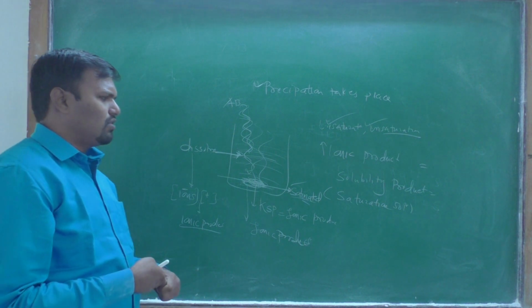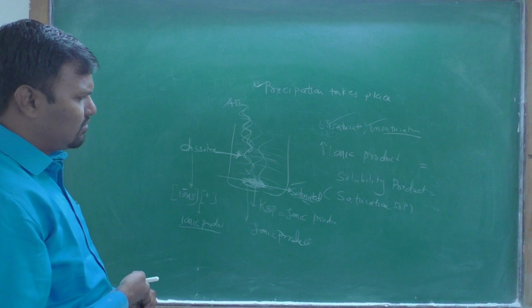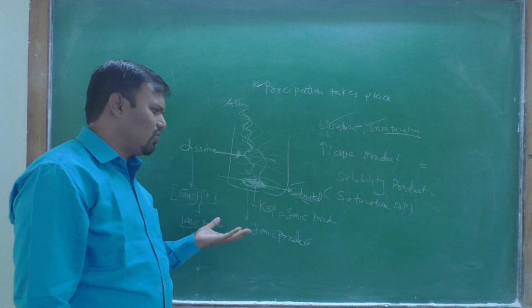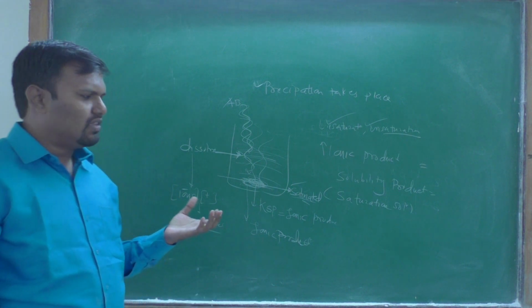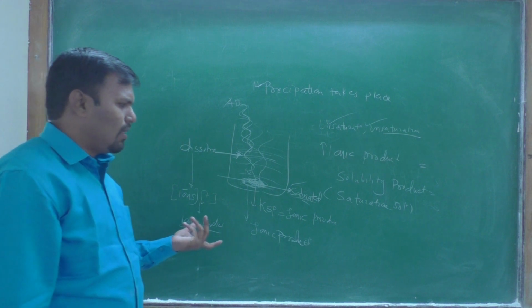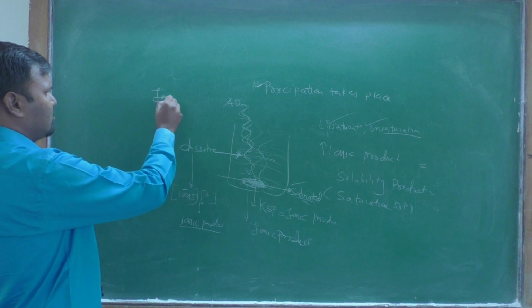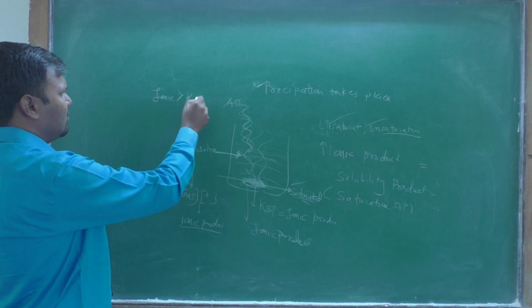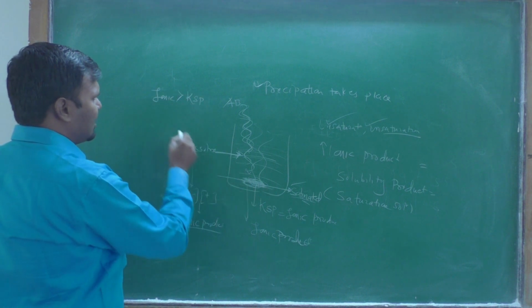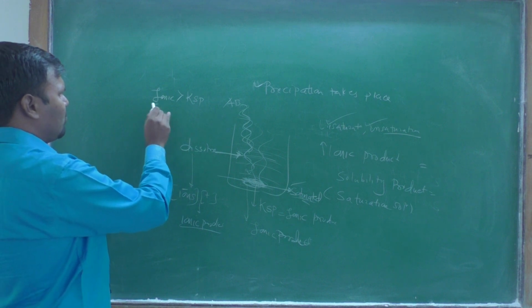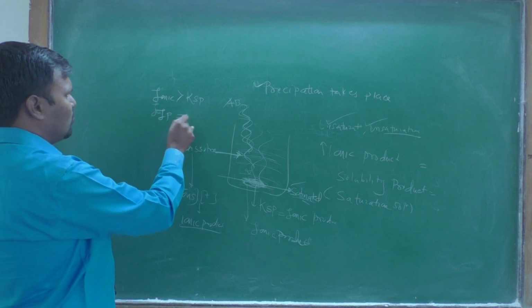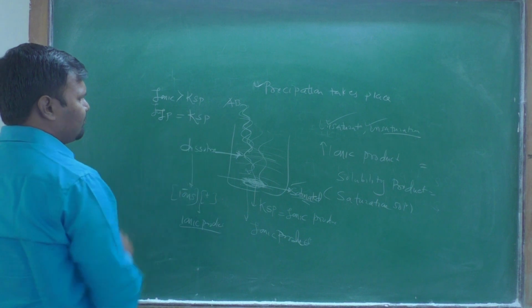Therefore, at the first point the ionic product was more than the KSP, and at saturation the ionic product is equal to KSP.